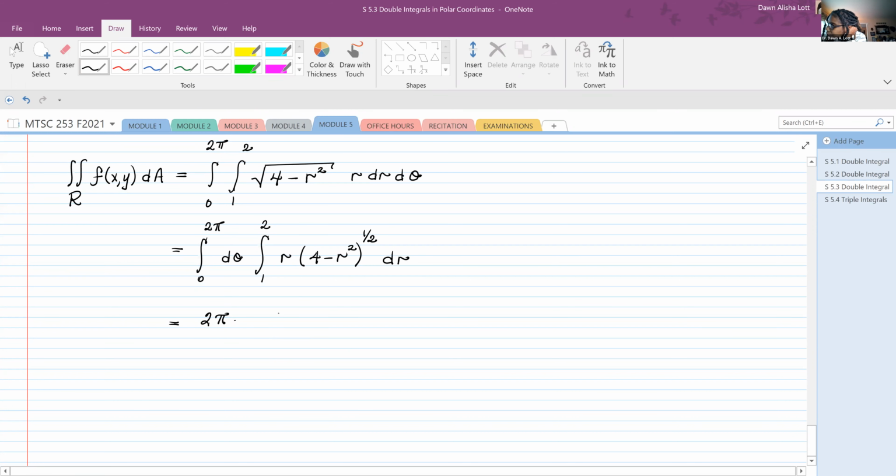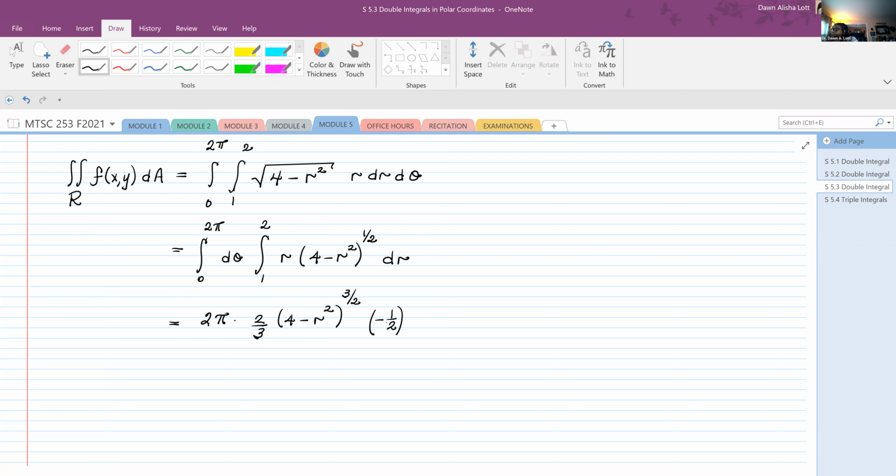And this part, if I integrate that, I go to the 3/2, divide by that, that's 2/3. So I'm going to get 2/3 times 4 minus r squared to the 3/2 power. But I have to multiply by a negative 1/2, to make up for when I took the derivative, a minus 2r popped out. So should be good.